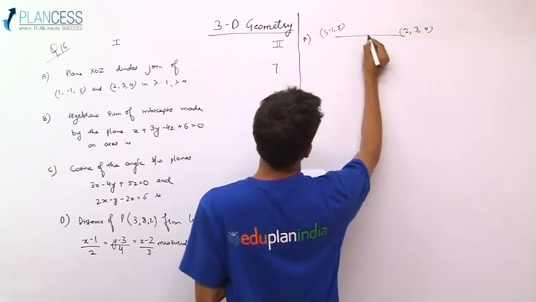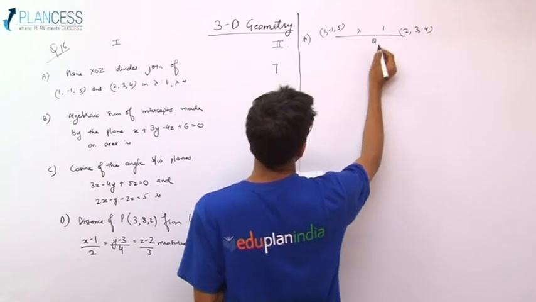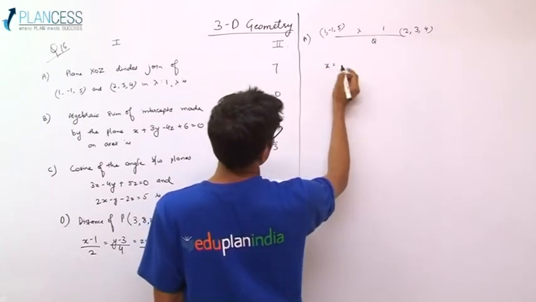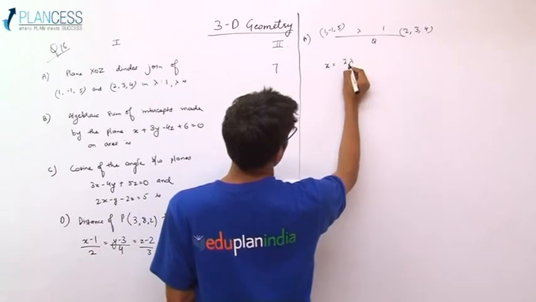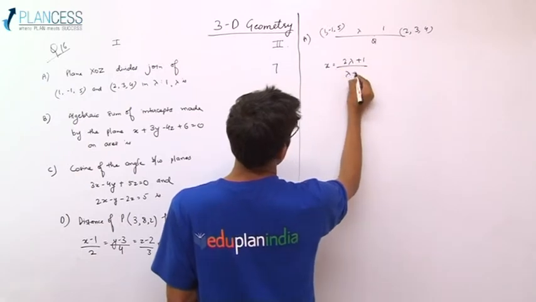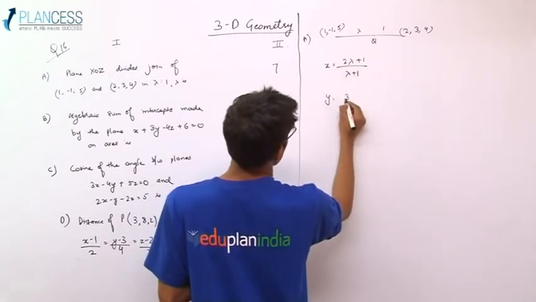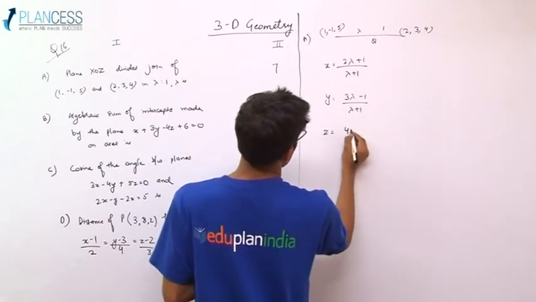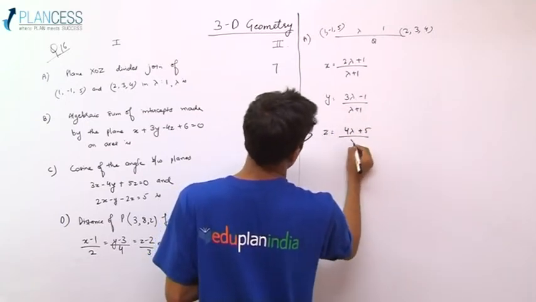The ratio is lambda is to 1. So let us find this point Q. The point Q has x coordinate (2 lambda + 1)/(lambda + 1), y coordinate (3 lambda - 1)/(lambda + 1) and z coordinate (4 lambda + 5)/(lambda + 1).